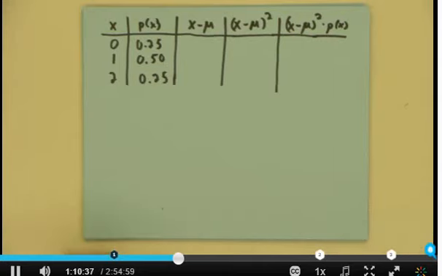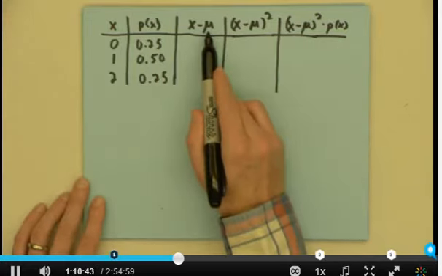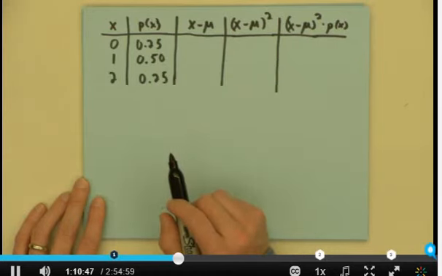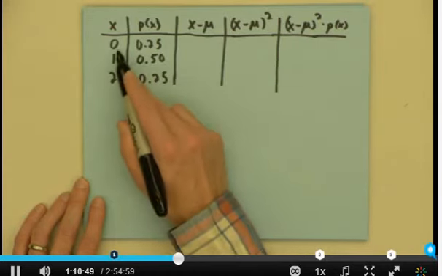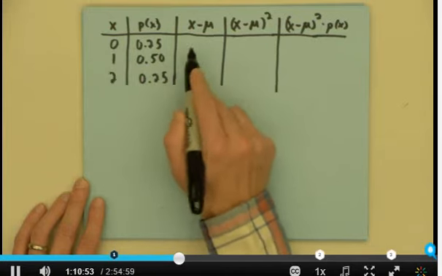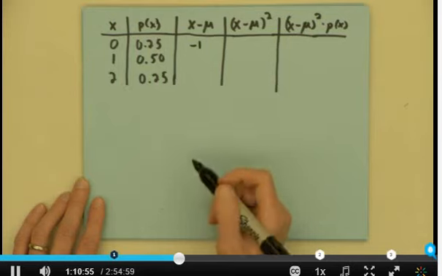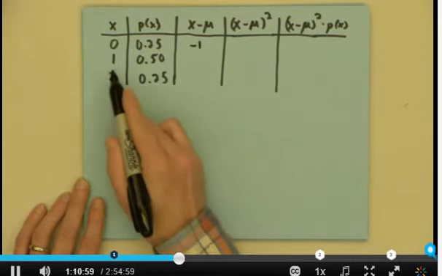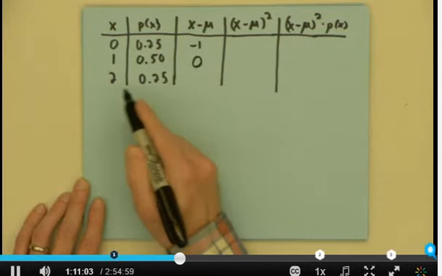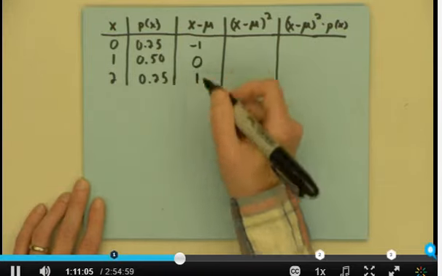Right. I could get 0 heads, 1 head, or 2 heads, and the expected value is exactly 1. So everywhere I have this mu, for this problem, I'm putting in a 1. All right, so what is x minus mu here? 0 minus 1 is negative 1. 1 minus 1 is 0, and 2 minus 1 is positive 1.